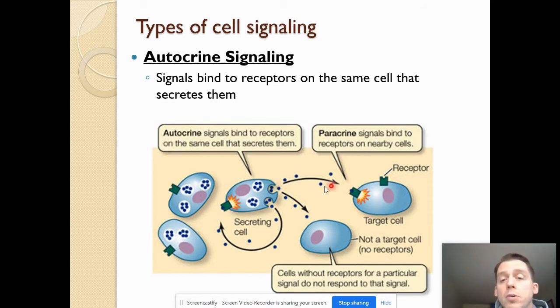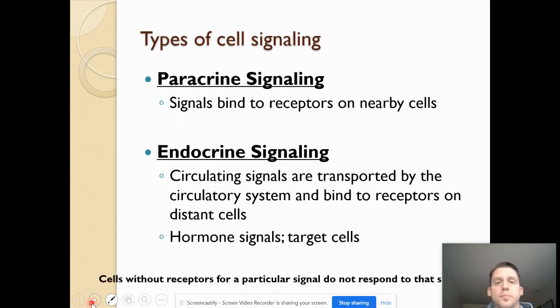And you can also see paracrine signaling here. It is signaling nearby cells, but notice what's happening. This cell does not have the green receptor necessary, so it is not going to undergo any change in response to that signal. So paracrine signaling, as we mentioned, they bind to receptors on nearby cells.